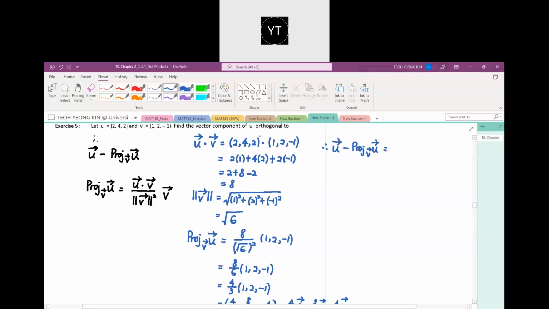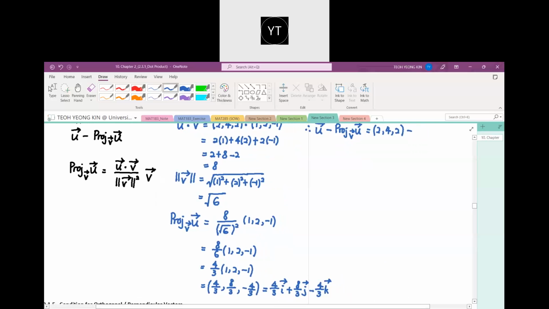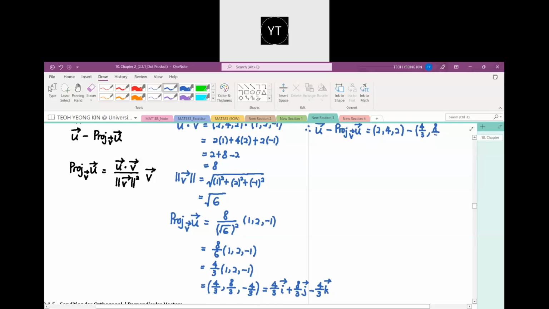Our vector u is (2, 4, 2) minus the projection of vector u onto v, which is here (4/3, 8/3, -4/3).